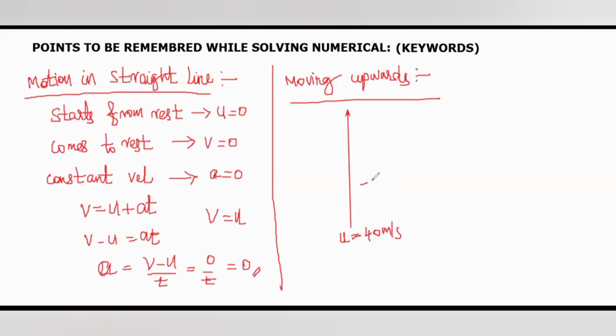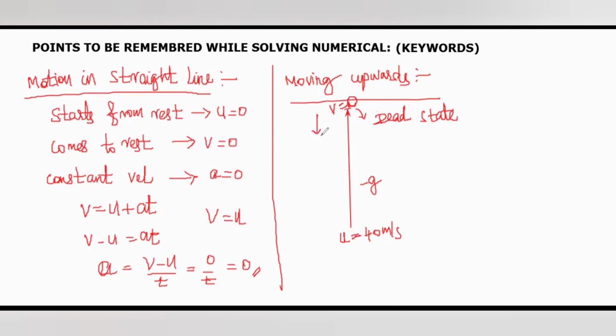Here it is moving against gravity. So what will happen here? It is the negative acceleration, and the velocity of the object gradually decreases. There is one point called the dead state or dead point. What will happen? The decreasing velocity reaches a value equal to 0, and hence it will return back to Earth.